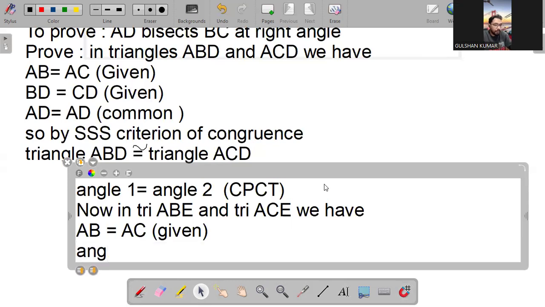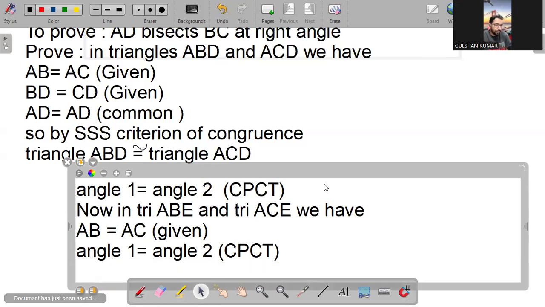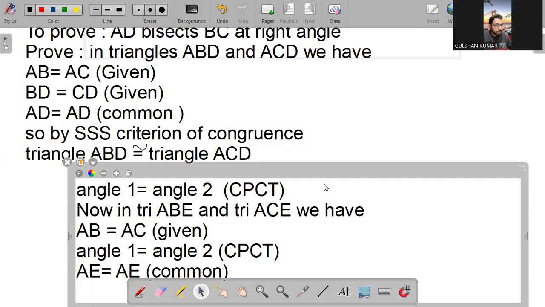Angle 1 equals angle 2 because of CPCT, as we proved in the earlier case, corresponding parts of congruent triangles. And AE equals AE, which is common between both of the triangles.